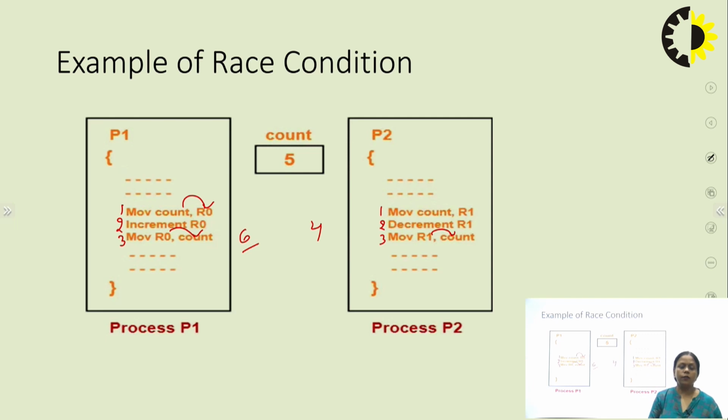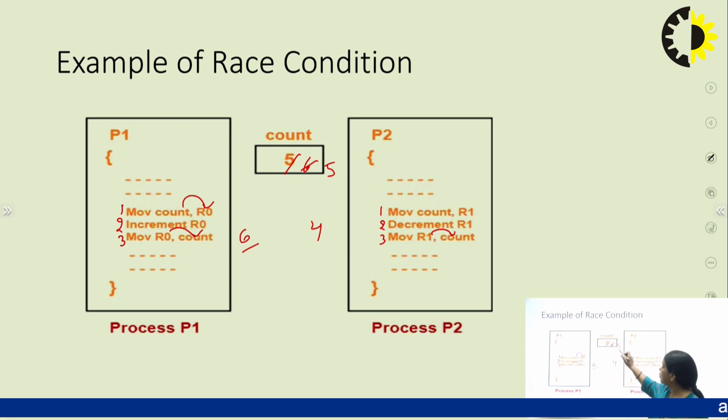The value of count will be 6. Then, after P1, when P2 executes, it will decrease the value of count, because this time the value of count is 6. After decreasing, the value of count will be 5 again. In case 1, where we execute the P1 process completely and then start the P2 process, it is okay.